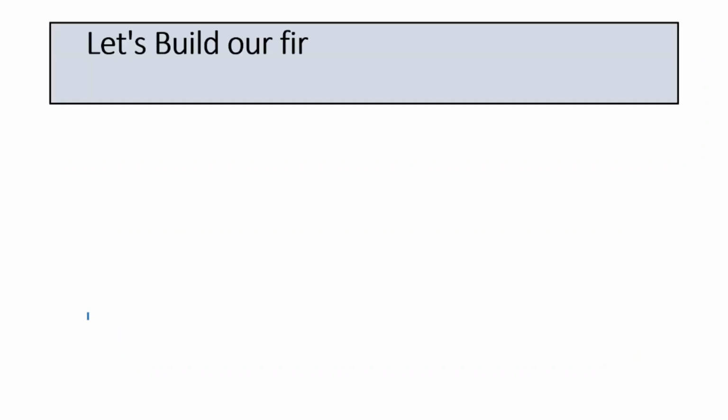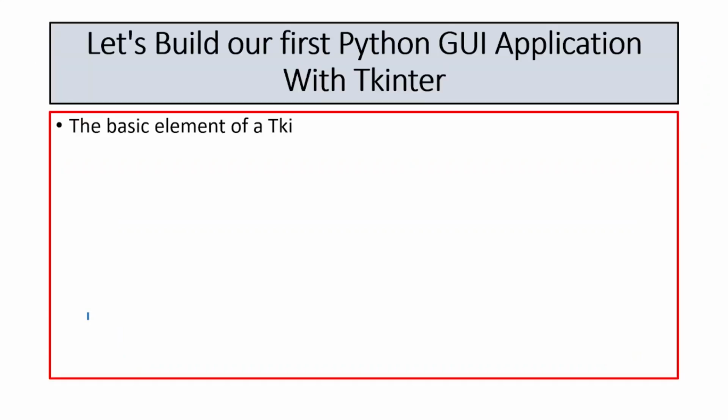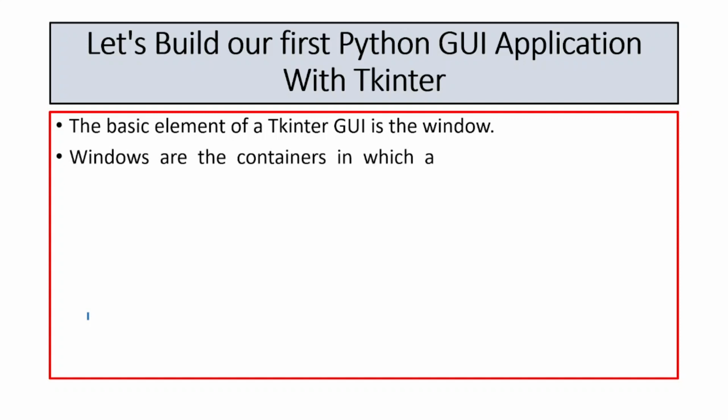Okay, let's build our first Python GUI application. The basic element of a Tkinter GUI is the window. So this is the window we are going to see when we run the application. Windows are the containers in which all the other GUI elements are placed.